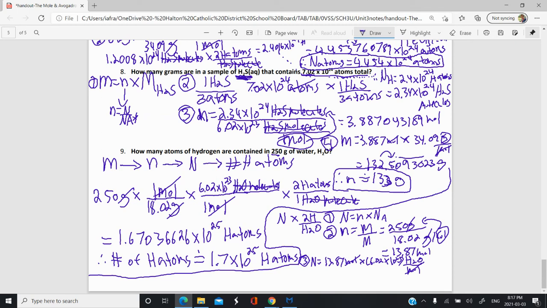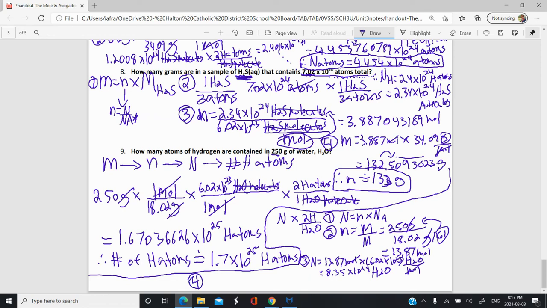And we would get 8.35 and more, but we would get 8.35 times 10 to the power of 24 H2O molecules.